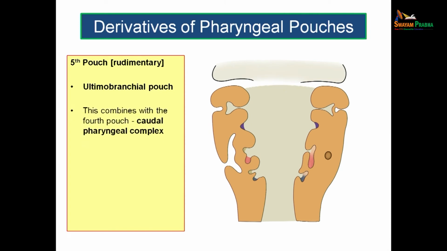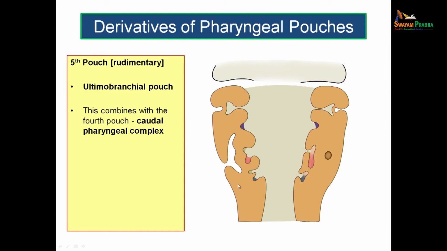The fourth pouch and the fifth pouch combine together and form the caudal pharyngeal complex. In this region, the fifth pouch, which is rudimentary, will be fusing with the fourth pouch to form the caudal pharyngeal complex. Why caudal? This is the cranial most end, this is the caudal most end, the last arches.